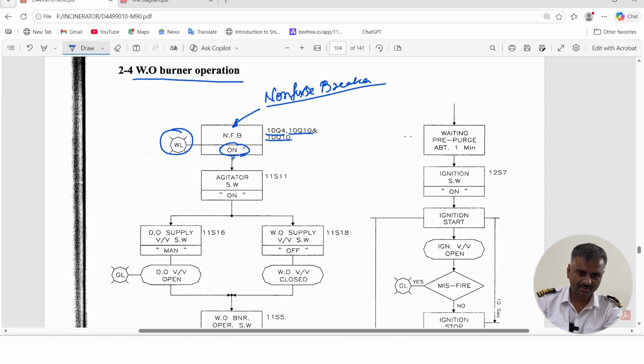When the breakers are on, it will check that the agitator switch or the agitator breaker, which is 11S11, is also on. When it confirms that the agitator is on, it will go and check that the diesel oil supply valve switch is in manual and the waste oil supply valve is in off position.